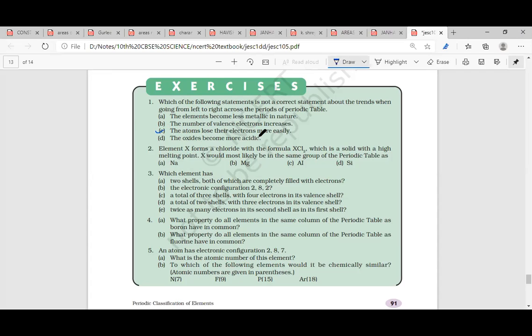Oxide becomes more acidic. That is also true. Element X forms a chloride with the formula XCl2, which is a solid with a high melting point. X would most likely be in the same group of the periodic table as which one?